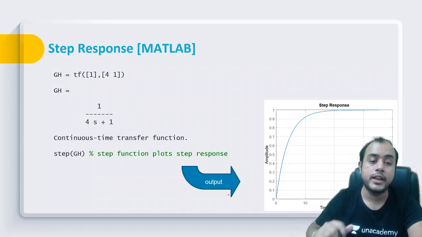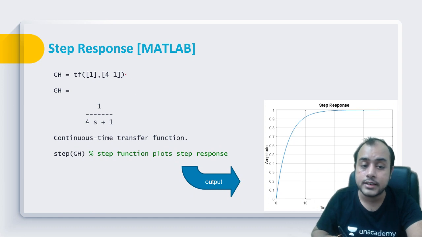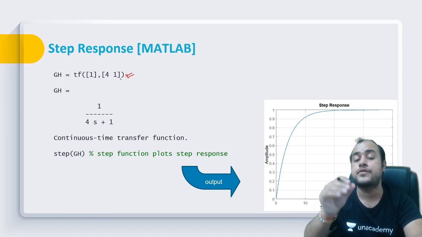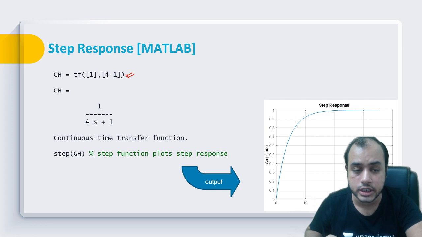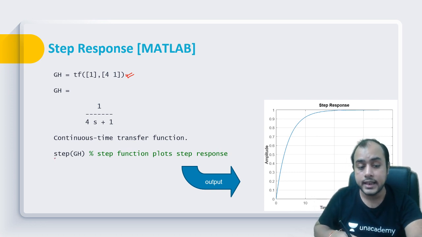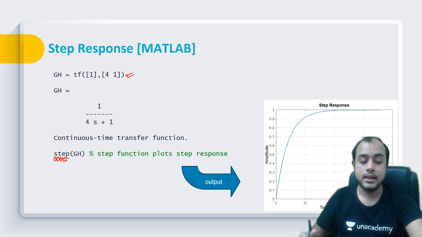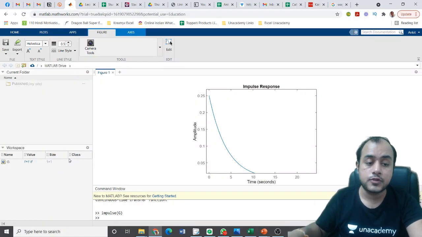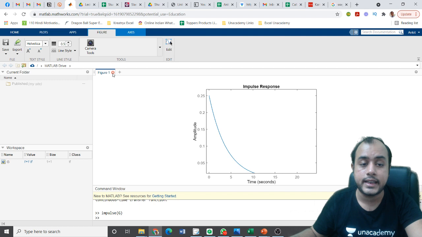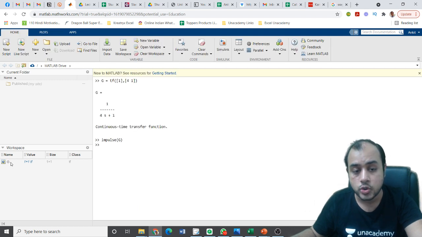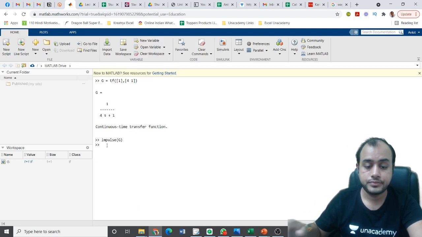Let's see how we do it in MATLAB. Again, first we will feed the transfer function into MATLAB. Then instead of impulse, we will use the function step. Let me show it to you. The transfer function is already there. You can see it here in this panel. It is showing g. Okay.